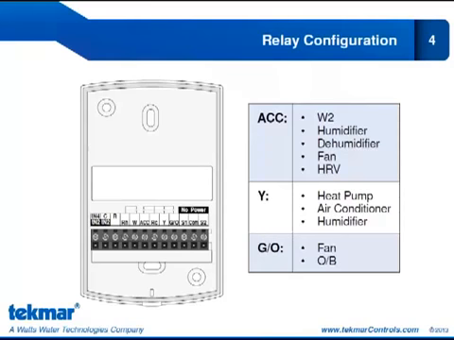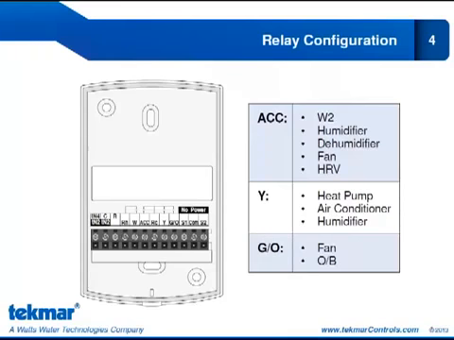The accessory relay can be configured to operate your 2nd stage of heat, a humidifier, a dehumidifier, a fan, or an HRV. So we have 5 options for a single relay. Your Y relay can operate a heat pump, an air conditioner, or a humidifier. So if your accessory relay was not set up to operate a humidifier, you could still use the Y relay to operate one, but it would come at the expense of a heat pump or air conditioner.